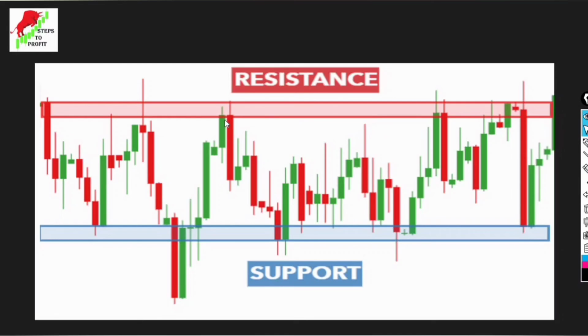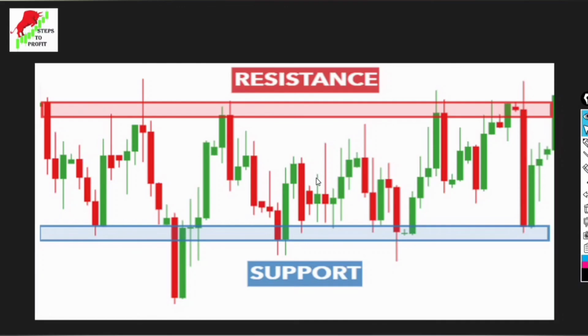Because of selling pressure, price tries to fall back, and at the resistance level price pauses and reverses direction. So this is all about support and resistance.